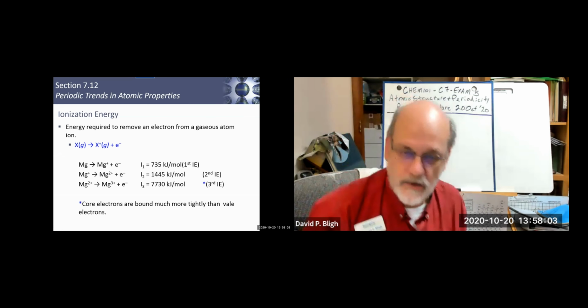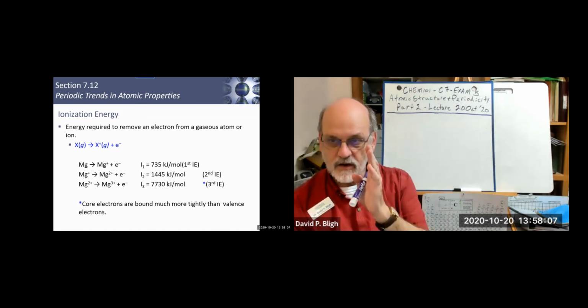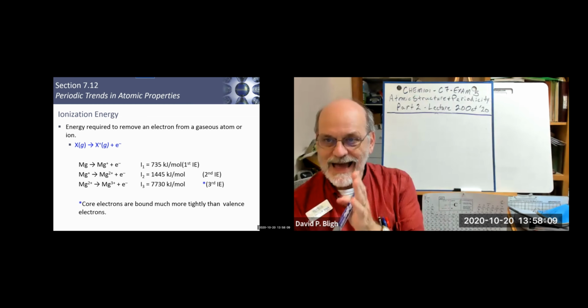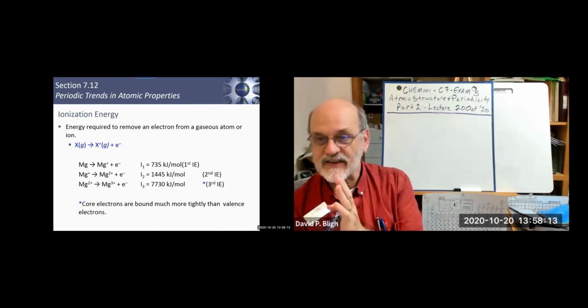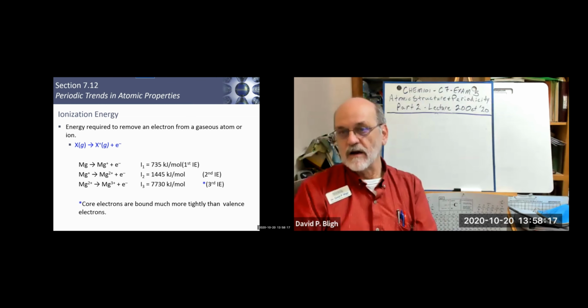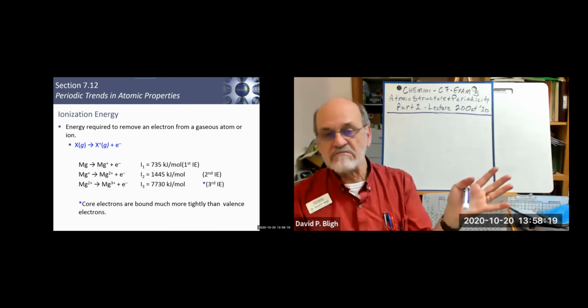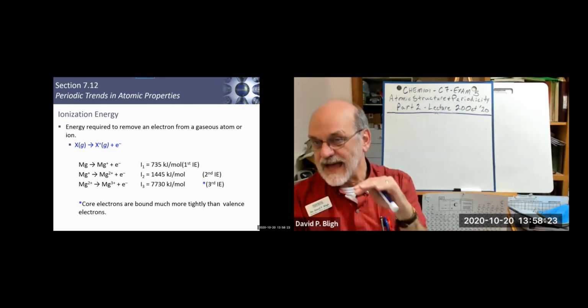So ionization energy, you always start with the neutral atom, the neutral element, and it has to be gaseous. It has to be in the gas phase. Right? For some elements at room temperature, it's already done. Some are liquid, it takes a little heat to make them gas.